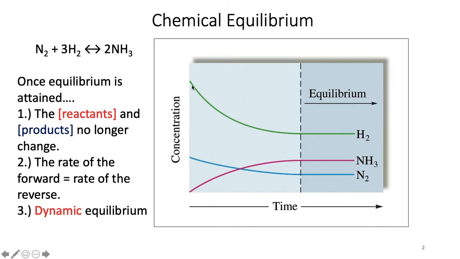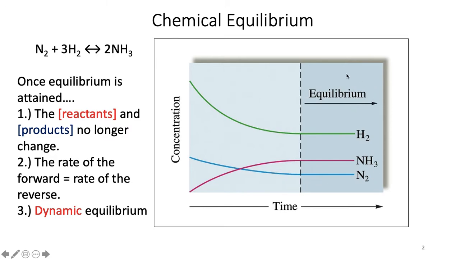As you can see, after a little bit of time, my nitrogen concentration levels out, so does my hydrogen concentration and my NH3 concentration. These straight lines denote the fact that none of these concentrations are changing anymore.